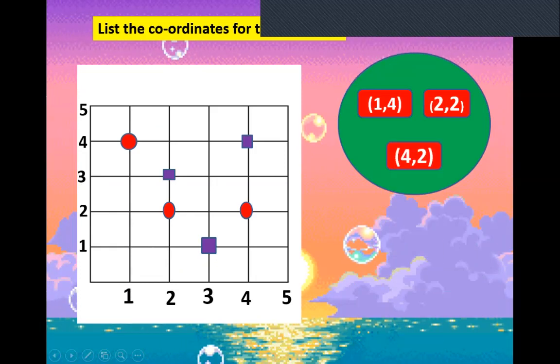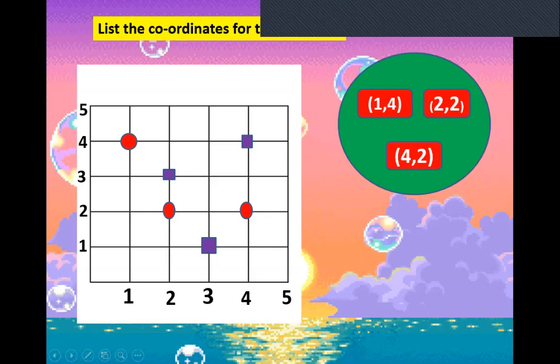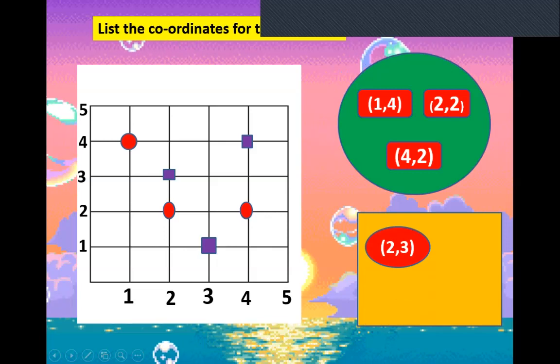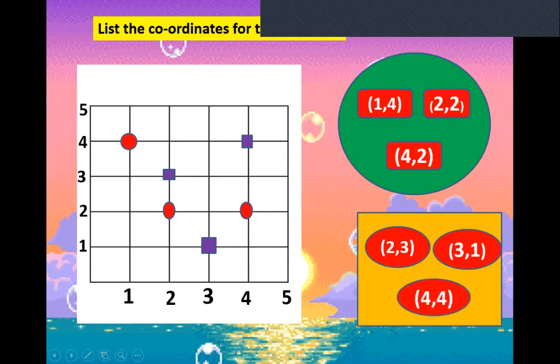Third at 4, 2. Now find the position of these rectangles. First is placed at 2, 3. Second one, 3, 1. And third is placed at 4, 4.